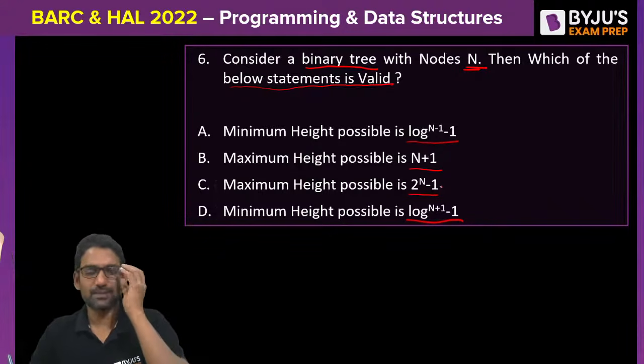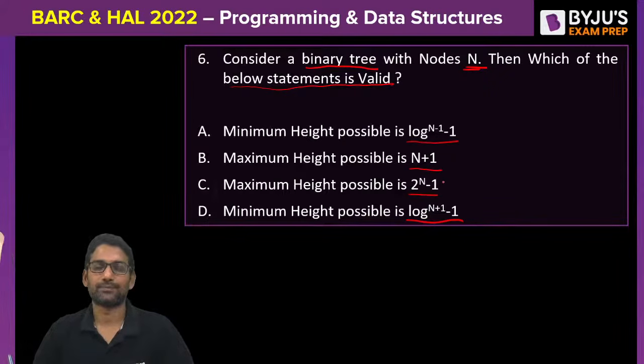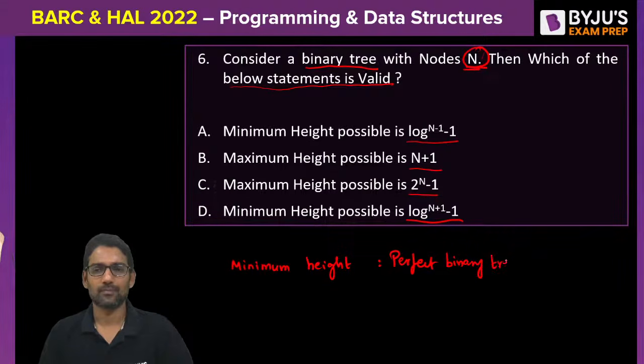Which of the below statements is valid? We have total nodes n. If we have n nodes, then you will get minimum height in a perfect binary tree, and maximum height in a skewed binary tree.